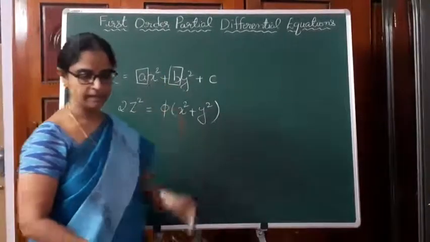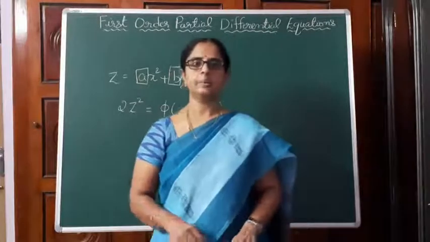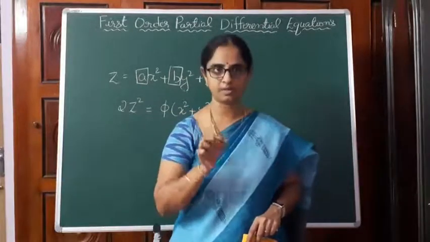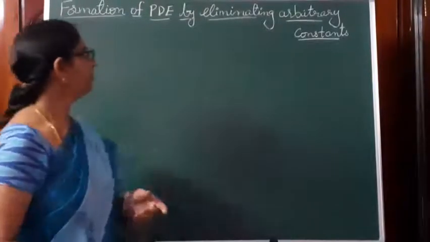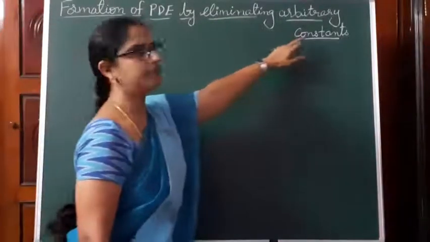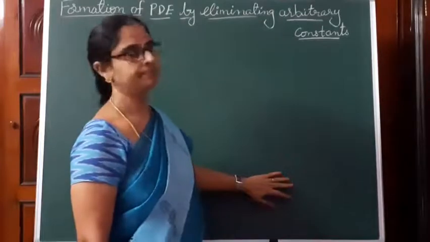So in this lecture, we are going to learn how we obtain a partial differential equation by eliminating arbitrary constants. Formation of partial differential equations by eliminating arbitrary constants is what we are going to discuss in this lecture.